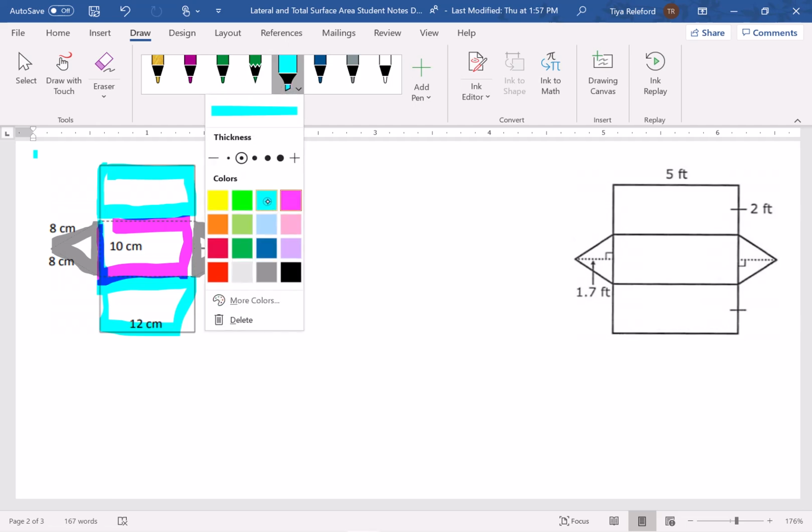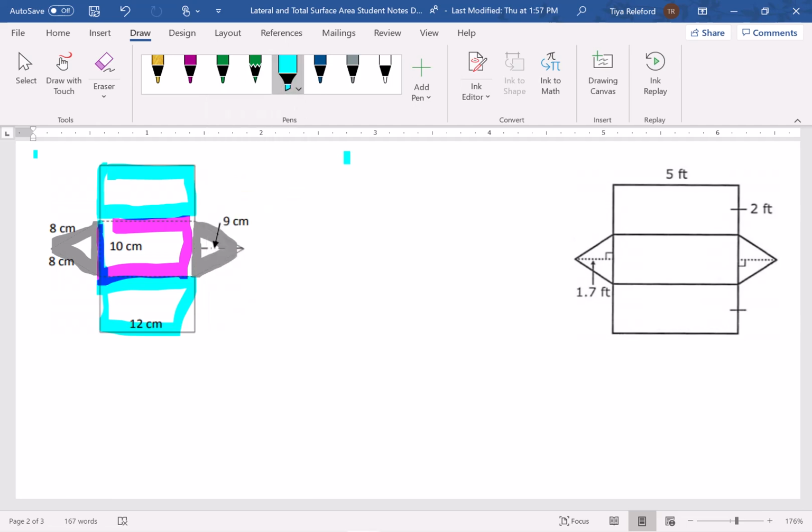So let's do the blue ones first. We've got a rectangle formula. The height of the blue ones is 8 because this side folds to touch this side.